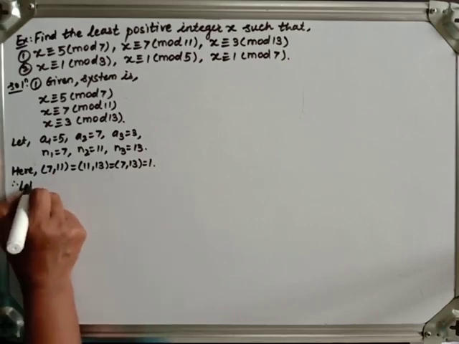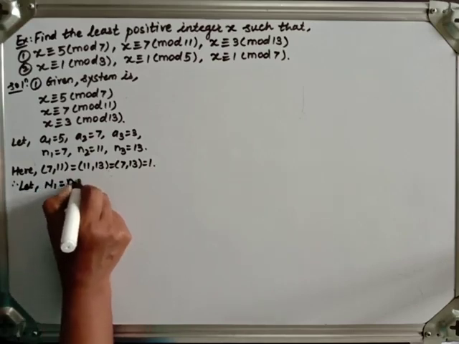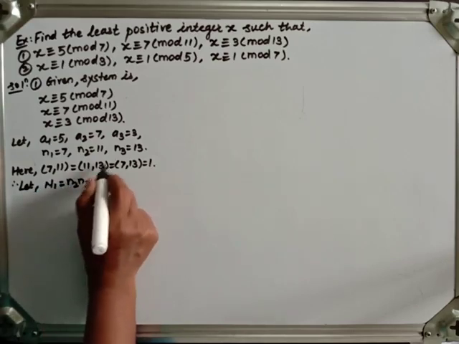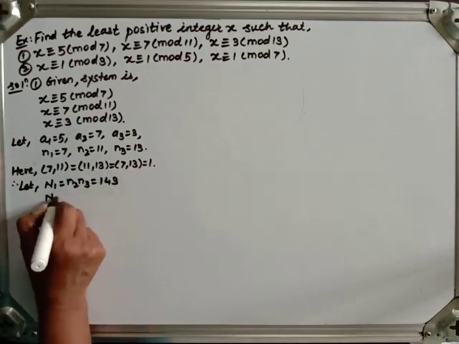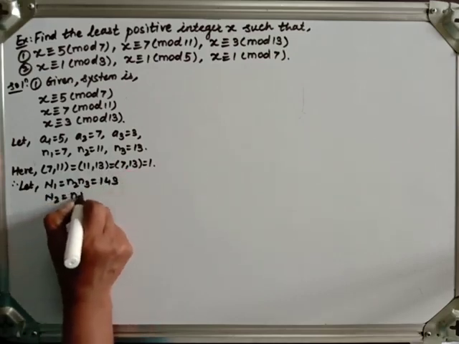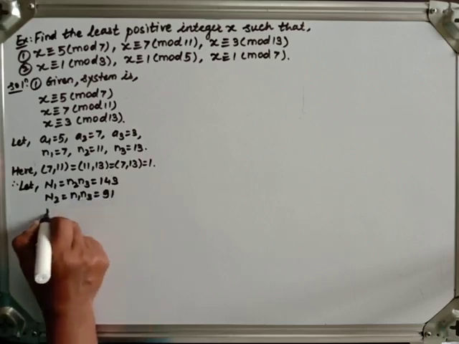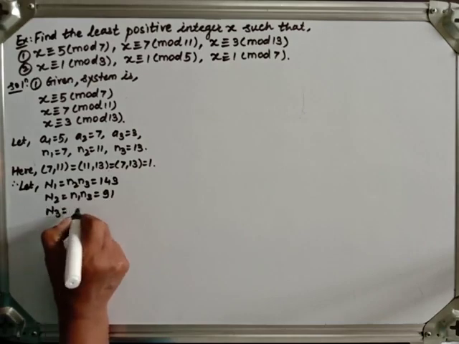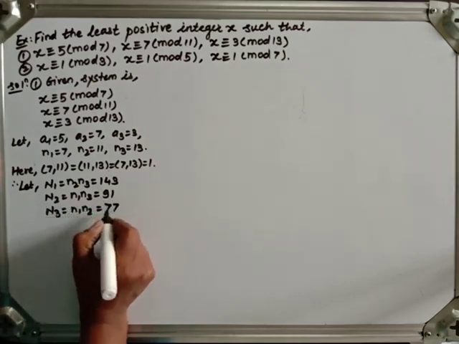So let capital N1 be N2 N3, it is 11 into 13, that is 143. N2 is N1 N3, it is 91 and N3 is N1 N2, it is 77.